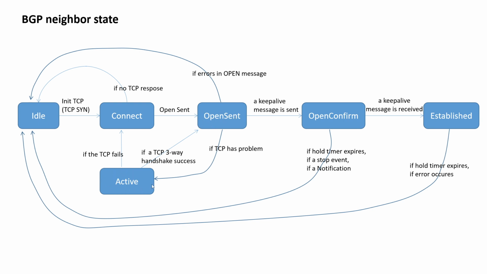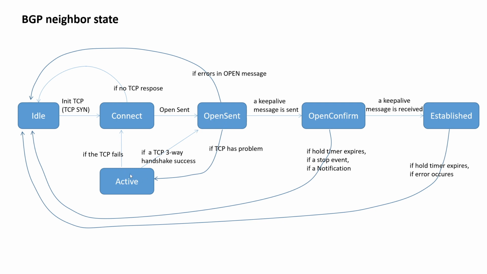In the active state, if the TCP fails, the router moves back to the connect state. Then in the connect state, if there is no TCP response, the router goes back to idle. If the TCP three-way handshake is okay, the router will send the open message and move to open sent.